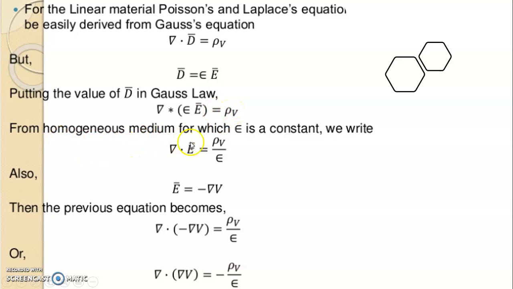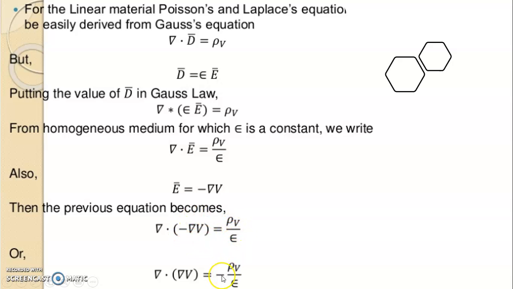Now, for a homogeneous medium for which epsilon is constant, we can write del dot E is equal to rho V upon epsilon. Since epsilon is constant, we have taken it down. Also, we can write E is equal to minus del V. So put minus del V instead of E: del dot minus del V is equal to rho V upon epsilon.